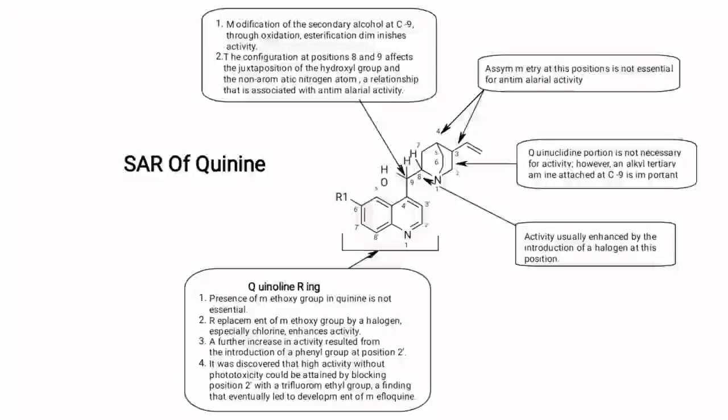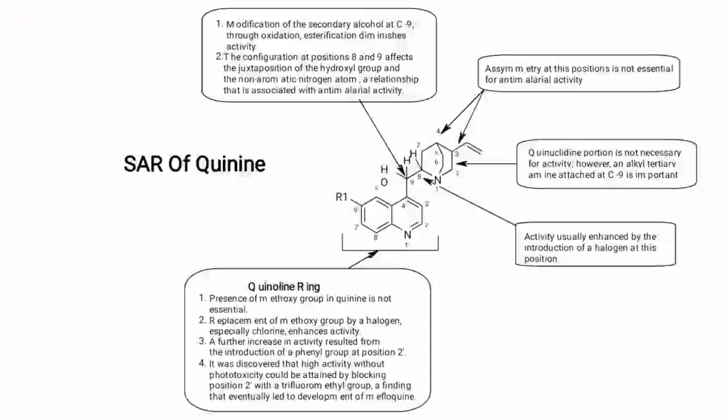Here you can see the basic structure of quinine, and the different groups that are added, where they can be added, is position R1. We will study each part of this ring one by one.